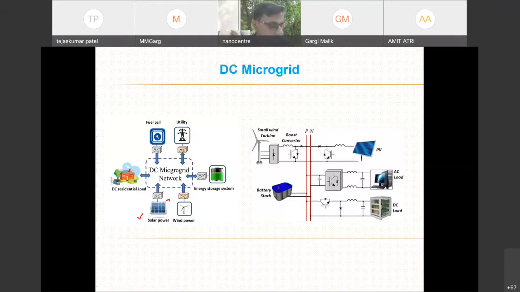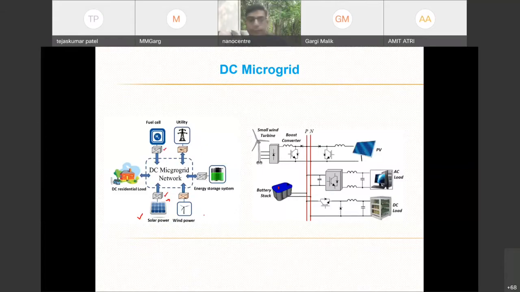It may be, let's say, solar PV. The good thing with solar is that it produces DC voltage itself, right? But the level depends upon how many solar panels there are and what the current rating, voltage rating, power rating, etc. are. So the final outcome of that solar installation may be of some voltage.